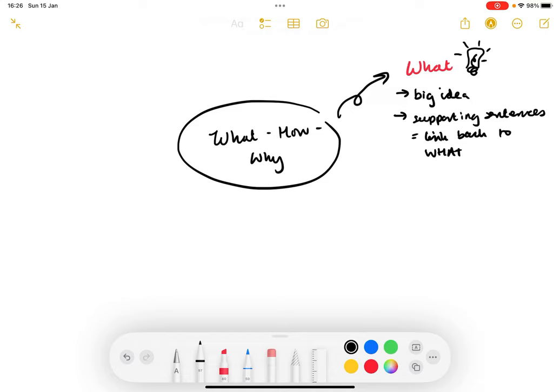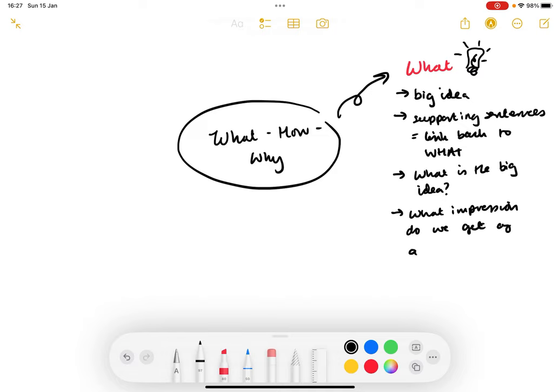I'm also going to just include some information about the questions we could ask ourselves. So we can ask ourselves, what is the big idea? And that will help us work out the what. And then I'm just going to write out what impression do we get of a character.